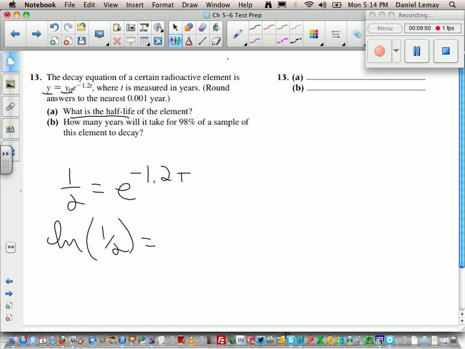If I'm looking for the half-life, when I divide what there is now by what there was originally, that better be equal to 1/2. So that leaves me with this equation, very easy equation to solve. You take the ln of 1/2, and the ln of e to that power just leaves the 1.2t. So I'm going to divide this by the negative 1.2, and that will be the half-life.